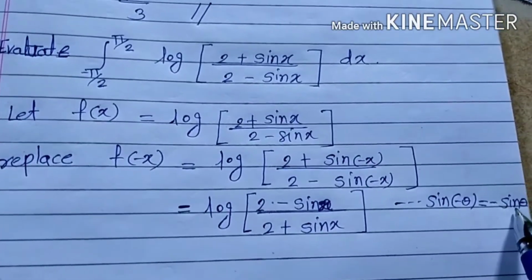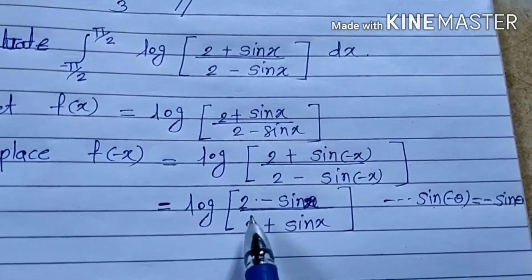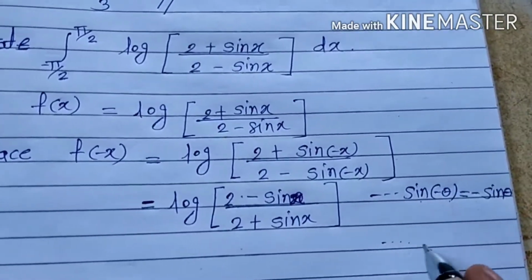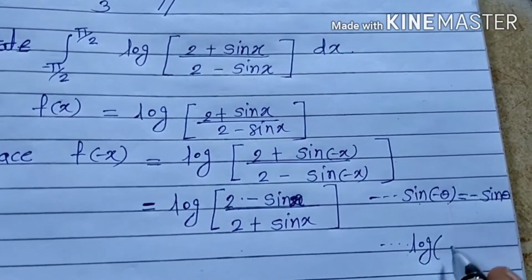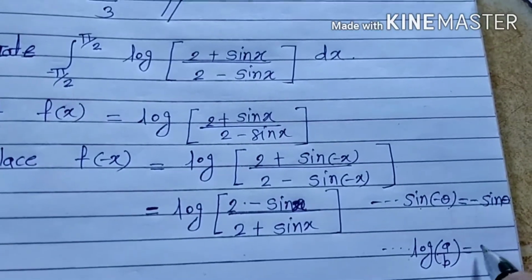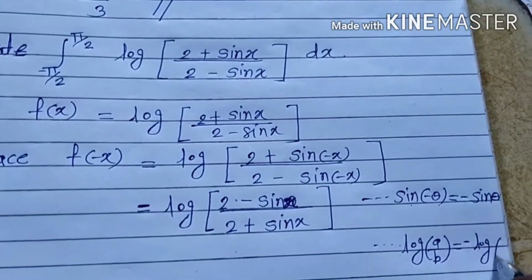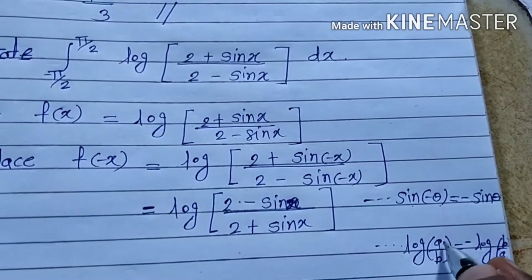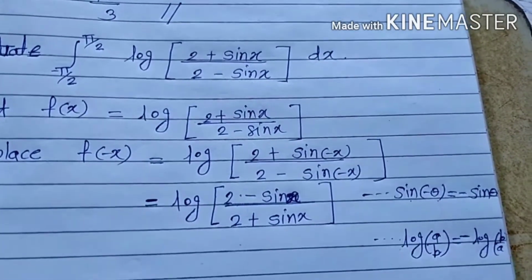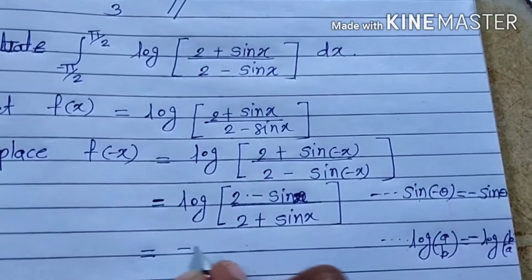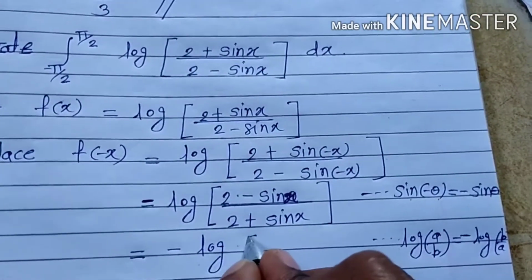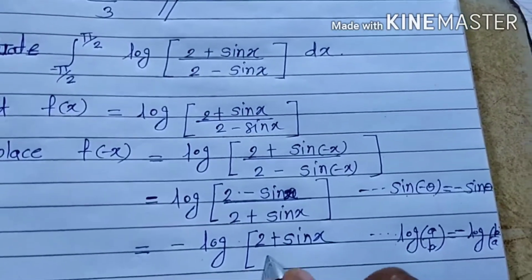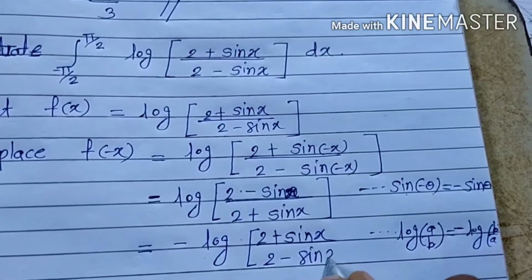So using this, sin of minus theta is minus sin theta, we change here to 2 minus sin x upon 2 plus sin x. Now here also the logarithmic rule, log of a upon b is equal to minus log of b upon a. Means if we flip this function, then there is a minus sign. So here is minus log of (2 plus sin x) upon (2 minus sin x).